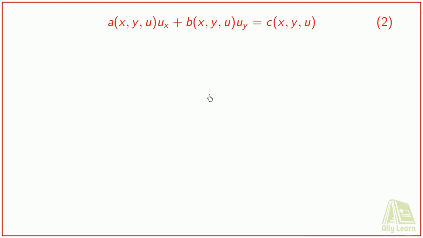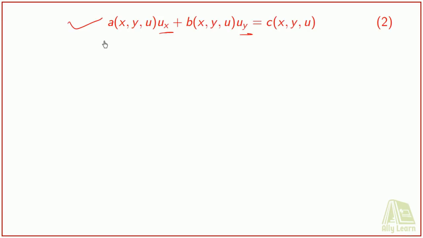Now friends, the first order quasi-linear PDE can be given to you in this form: a of x, y, u into u_x plus b of x, y, u into u_y equals c of x, y, u. Here u is the dependent variable and x and y are independent variables, u_x is the partial derivative of u with respect to x, and u_y is the partial derivative of u with respect to y.